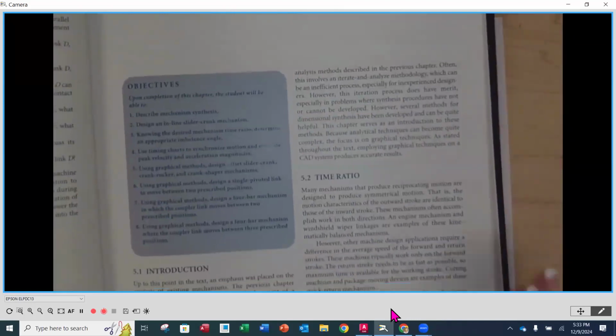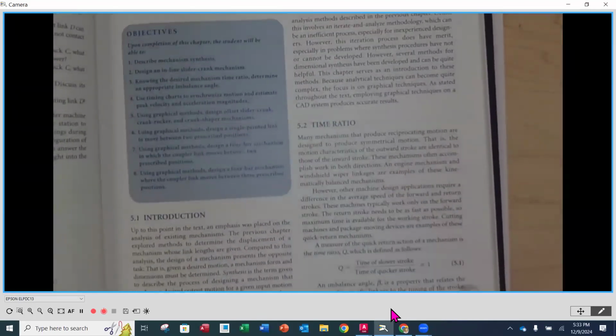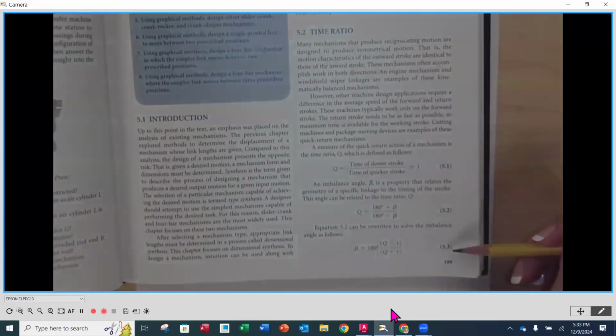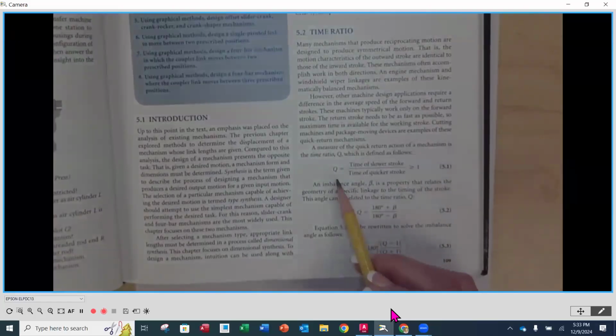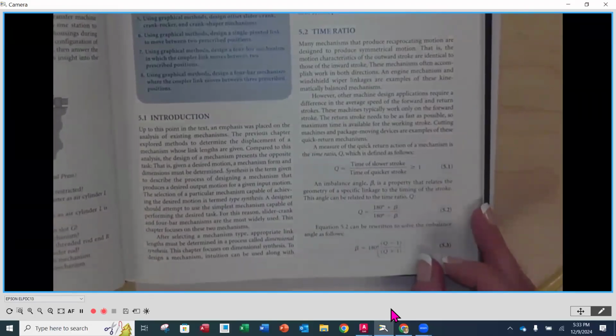Now, where we're going to start here is on page 109, we have section 5.2. This is time ratio. And at the bottom here, they start the series of equations that we're going to be looking at. So the first one that we see here, this is called time ratio, and the variable we use is going to be Q. Okay.